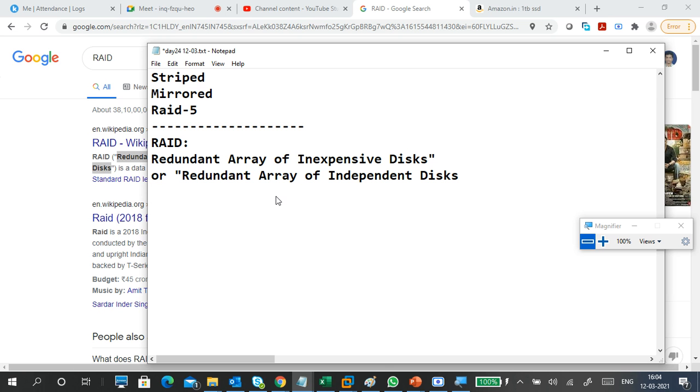What is redundancy? Like we said resiliency, right? Redundancy means if I lose something, no problem, I have a backup.